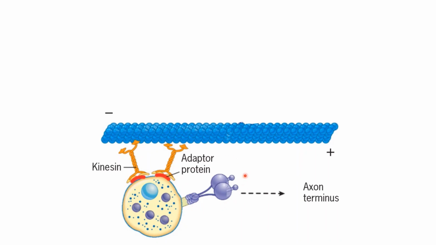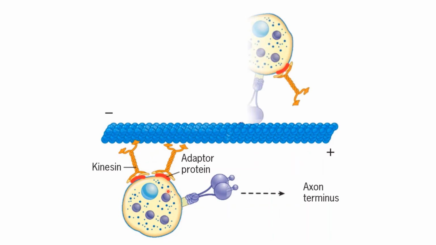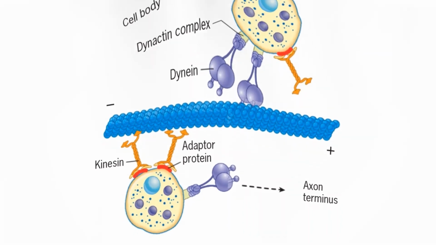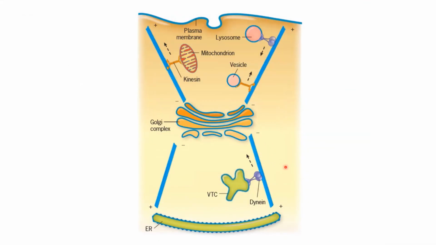But if ever this vesicle needs to move in an opposite direction, it will be the dynein now that will be active and the kinesins will be inactive. So now you should be able to understand how the cytoskeleton, particularly the microtubule, serves as a railway for the movements of organelles and vesicles in different directions inside the cell cytoplasm.